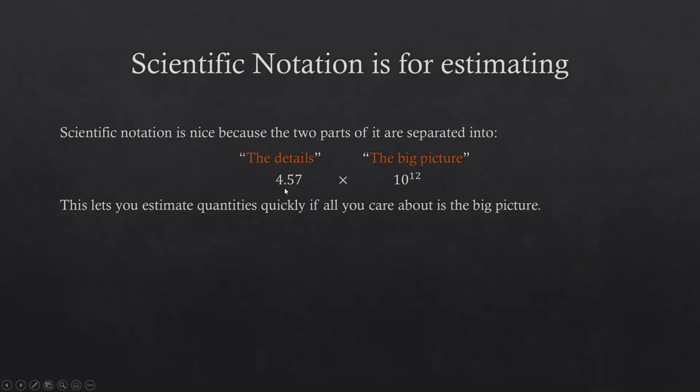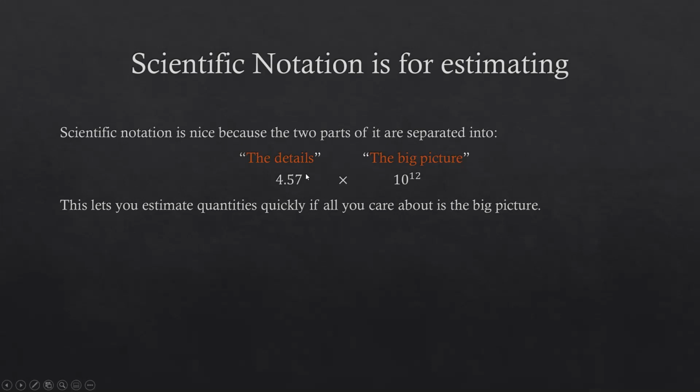So if somebody tells me they have 4.57 times 10 to the something dollars, then there's a big difference between the person who has 4.57 times 10 to the 9 dollars, possibly Donald Trump, if he's to be believed, versus somebody who has 4.57 times 10 to the 3 dollars, me.